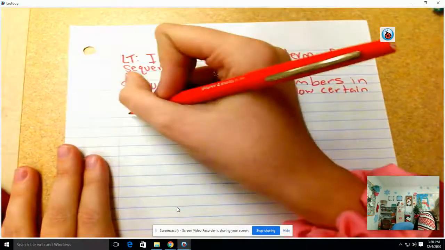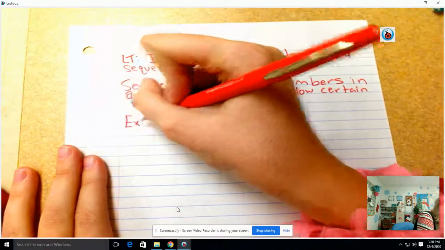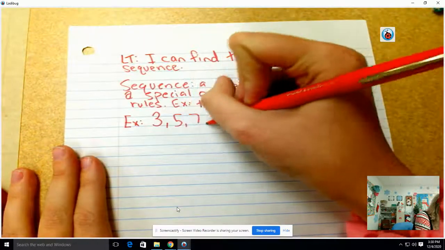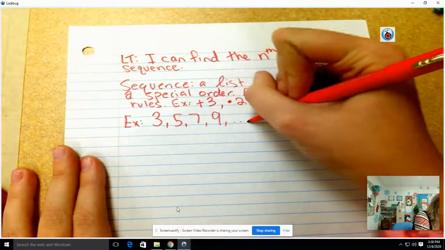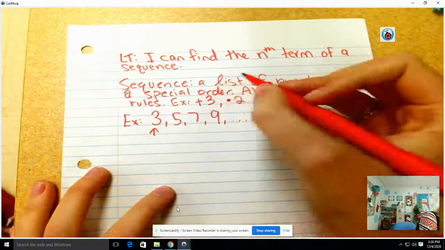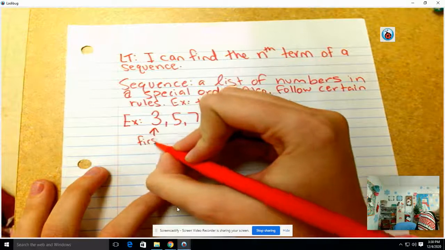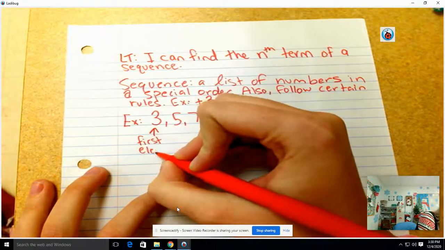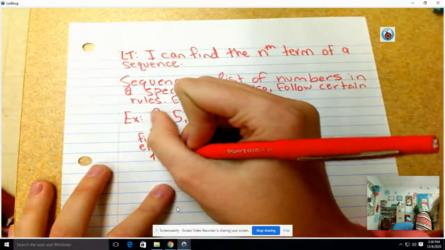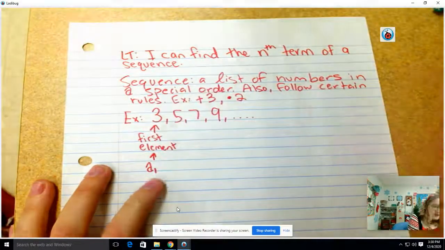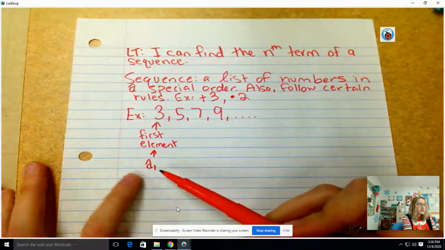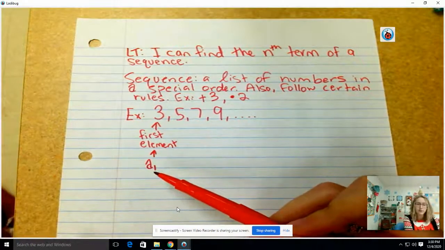For instance, if we are given the following sequence, 3, 5, 7, 9, and so on. This is called your first term or your first element, either or. Another way you might see that written is A with a subscript of 1. If you've never heard the term subscript before, a subscript is just a little number in the bottom right-hand corner of a variable.